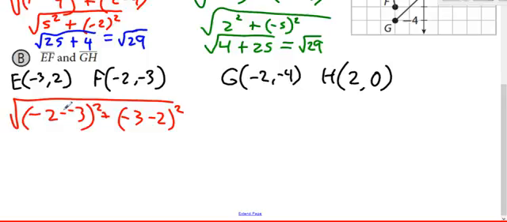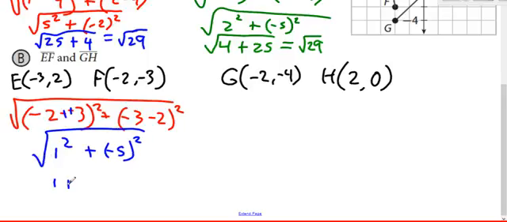So minus and negative, that's plus. Negative 2 plus 3 is 1 squared. That's negative 5 squared. So that's 1 plus 25, which is square root of 26.